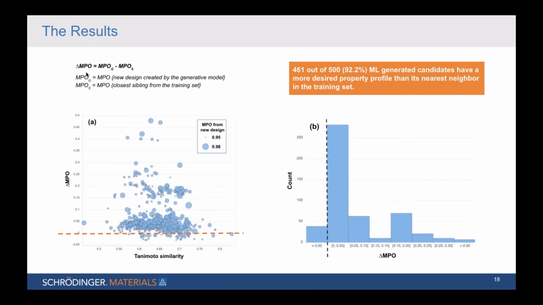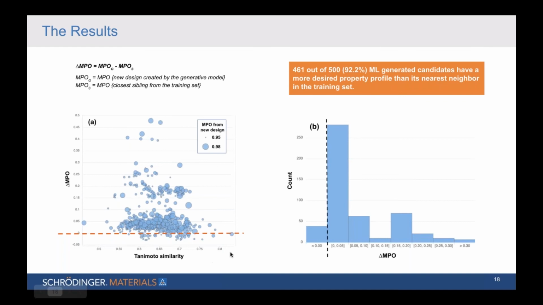So if the delta MPO is positive, that means the machine learning generated structure has a better property profile than its closest sibling in the training data.